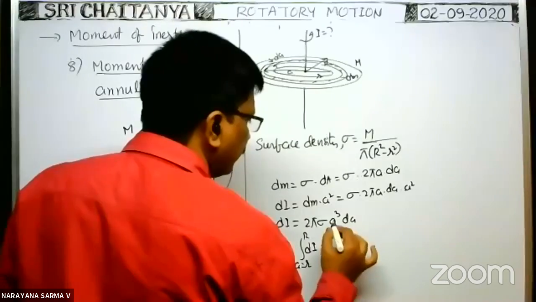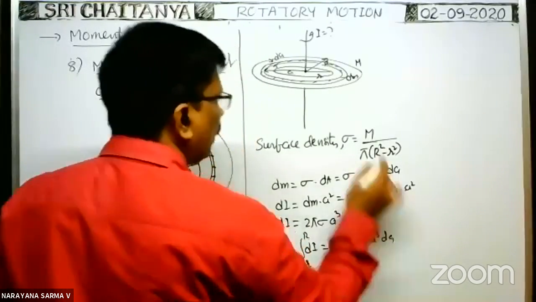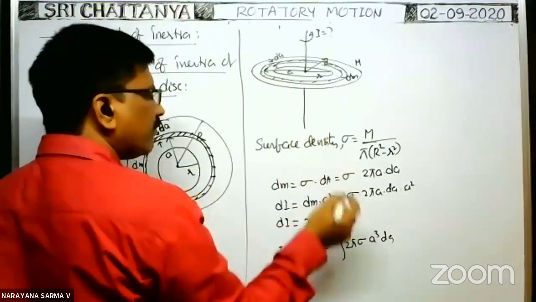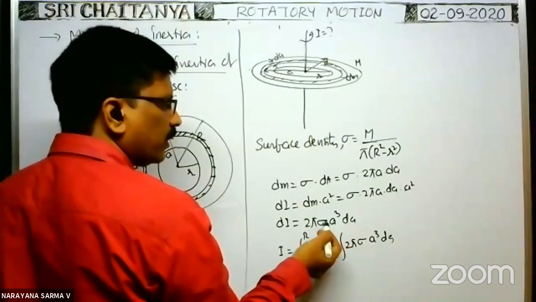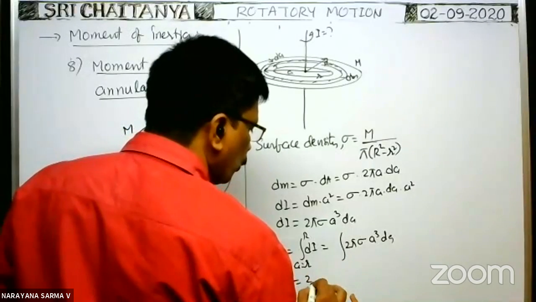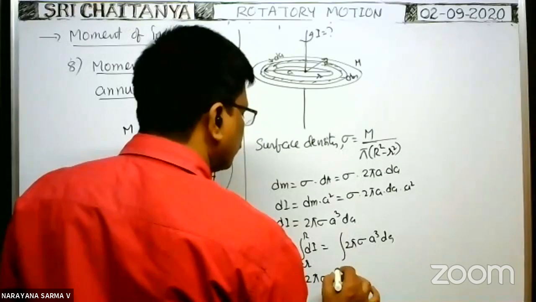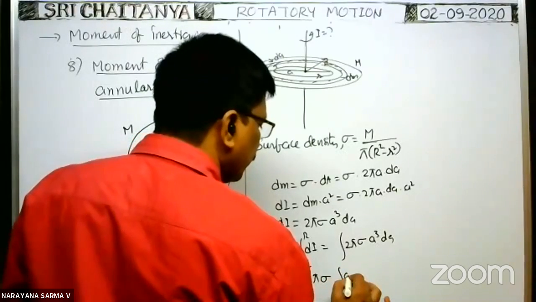That is the integral of 2 pi sigma a cube dA. When you consider a number of elements, the radius of the elements changes, so a is variable and the rest does not change. So this is equal to 2 pi sigma, which is constant, into the integral of a cube dA.